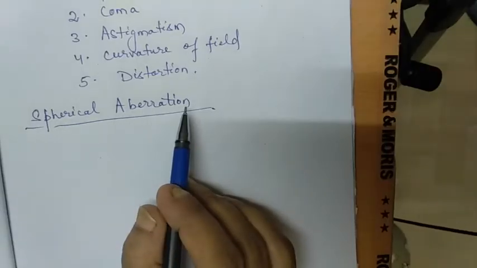One is when you are considering the object to be at infinity, and the other case is when you are considering the object is at a point. So let's start with the spherical aberration.